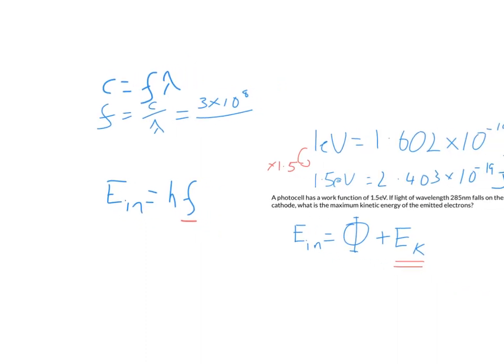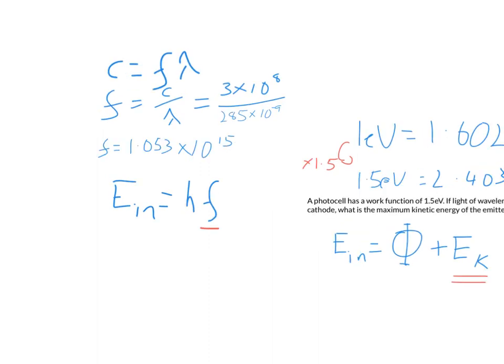Nano, in case you don't remember, is a prefix that means 10 to the power of -9. If you're ever unsure about the meaning of any of these particular prefixes, you can look them up on page 45 of your log tables. They're all there. When we run this calculation through, we find that the incoming electromagnetic radiation has a frequency of 1.053 by 10 to the power of 15 hertz.